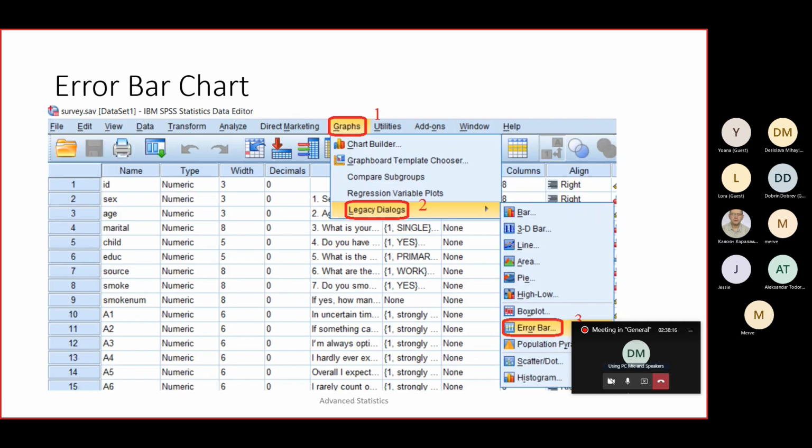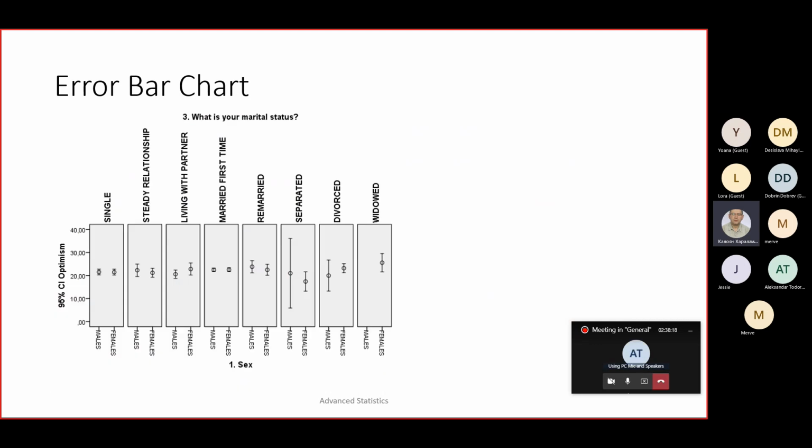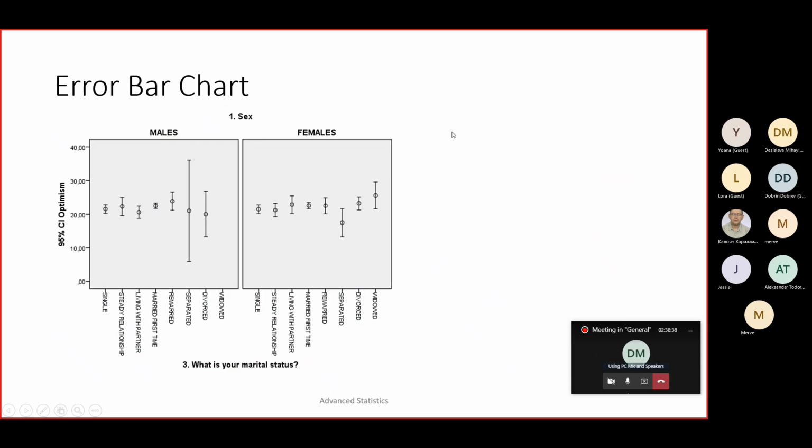So this is the same chart, but here we have changed the places of the two factors. In the previous chart, we have two groups, males and females, and different marital statuses within these two groups.